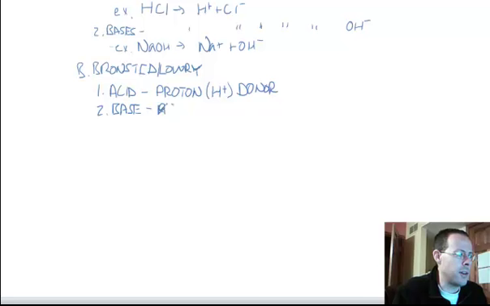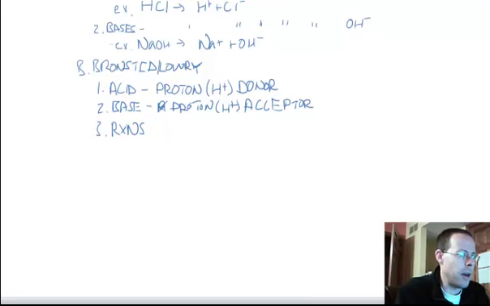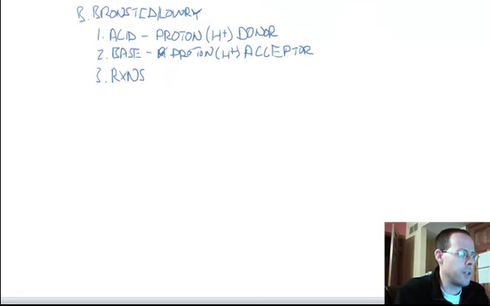Nope, I don't want to put acceptor there. I want to put proton first. So a proton, or a hydrogen acceptor. All right, and then kind of the new thing that we're going to introduce is in these reactions. This popped up a couple times on our equation writing from a couple units ago.